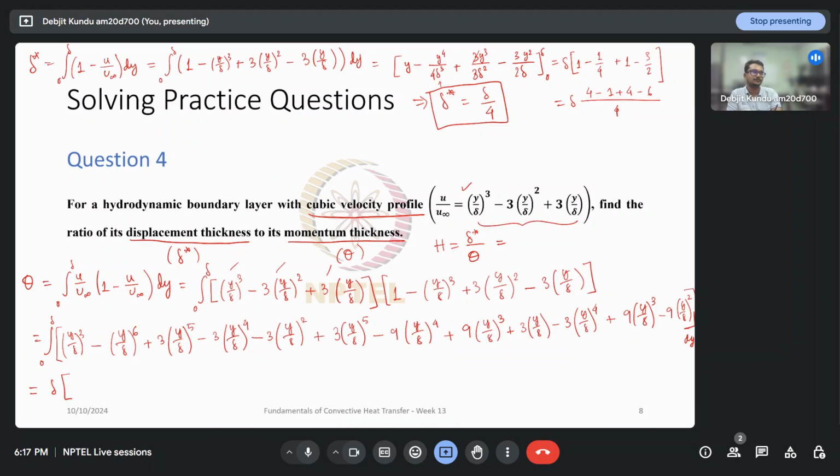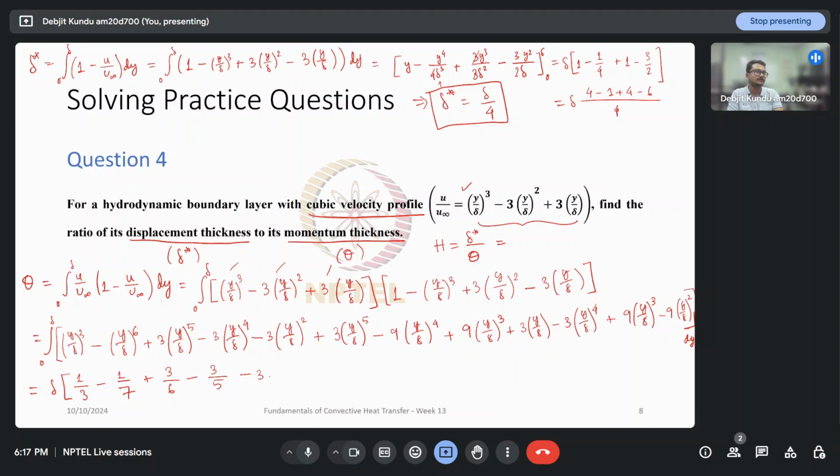So the first term would be y cube. So that should, after integration, give us 1 by 3. Then the second term should give us 1 by 7. The third term has a 3 up front, and the integration would give us 1 by 6. Then we have 3 up front, and integration would give us 5.